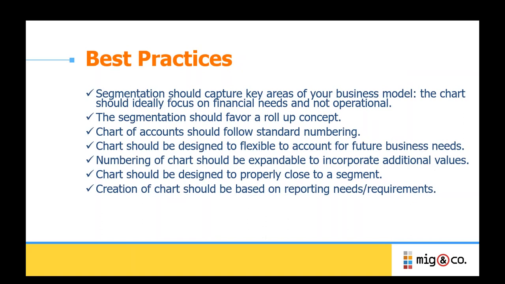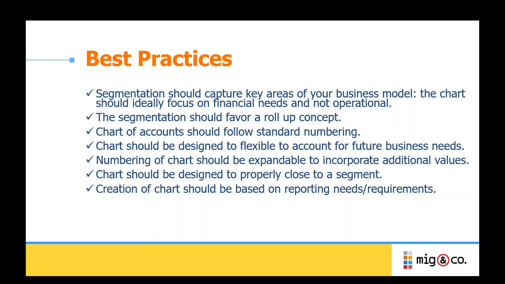So what are the best practices? What did we talk about earlier? We said segmentation, or the different segments of your chart of accounts, should capture key areas of your business model. So it really needs to be focused on financial needs, less so on operational, provided that the operational needs you can get from other reporting areas within GP.